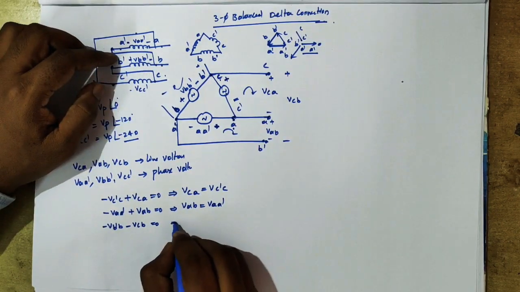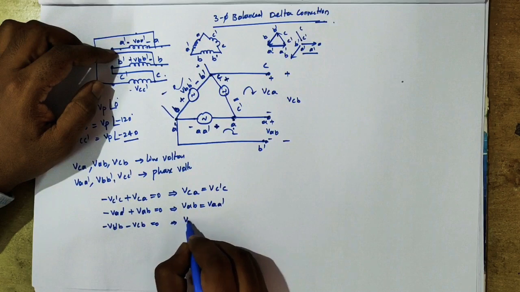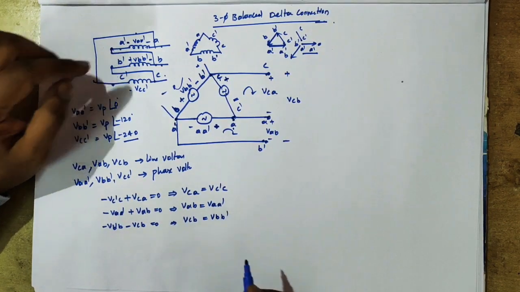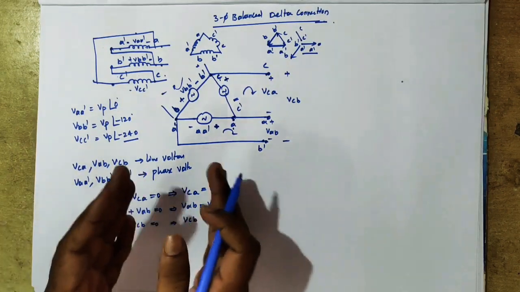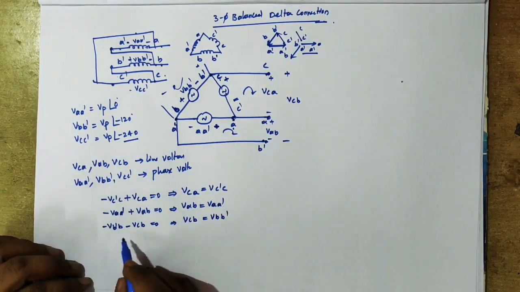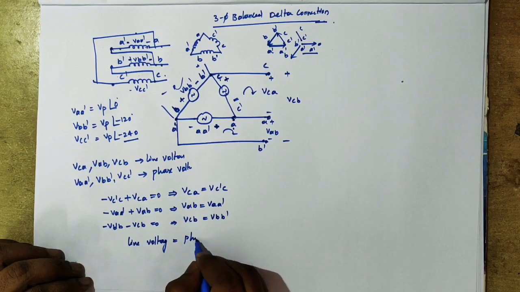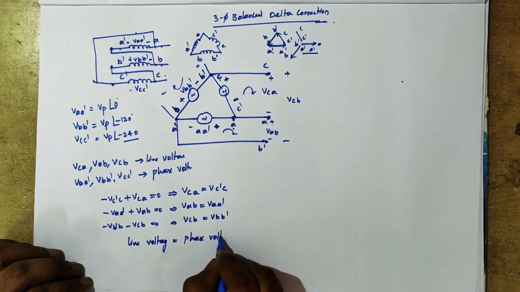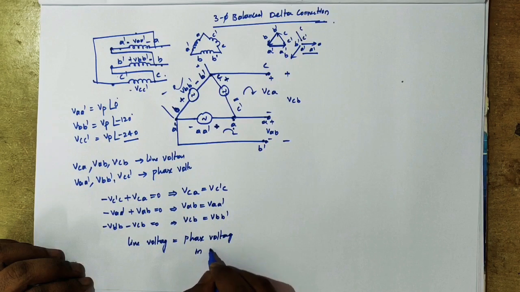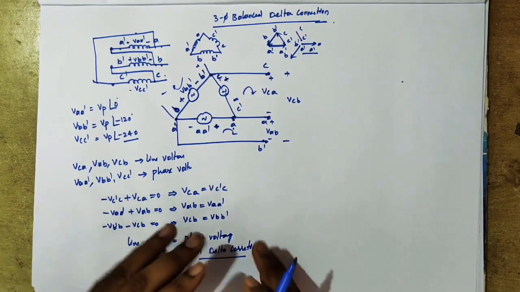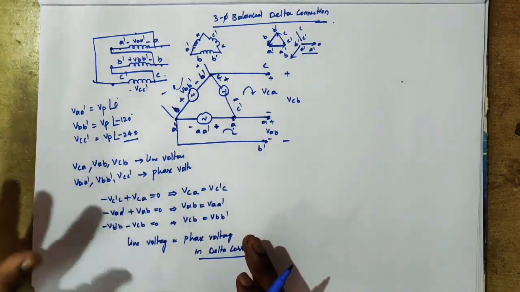Therefore, VCB equals VBB'. Ultimately, the line voltages are equal to the phase voltages in a delta connection, but it is not equal in star. This is the only difference.